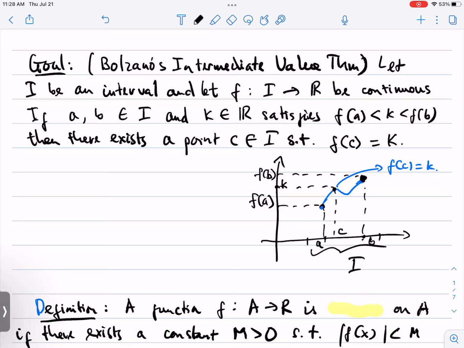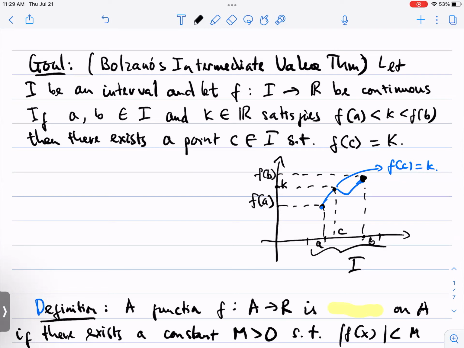In order to draw this continuous curve, we have to go from one point to another. The intuitive idea is that because the curve is continuous, we had to draw it without taking the pencil out of the paper.